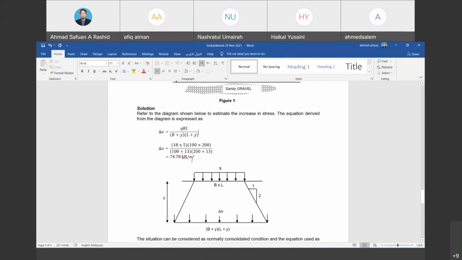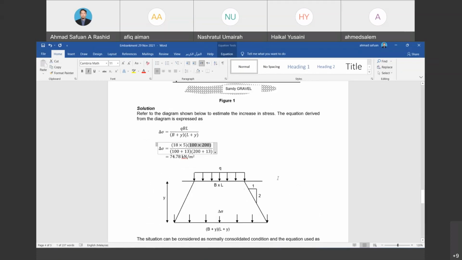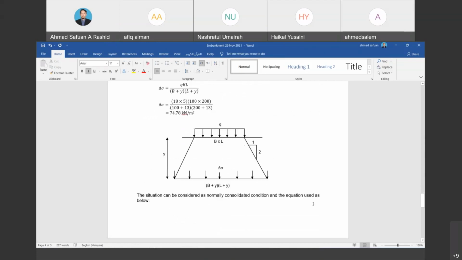Then we multiply with the width and the length of the embankment structure, which is 100 by 200 meters. So B is 100 plus 13, times 200 plus 13. Later on, the value of the delta sigma is 74.78.